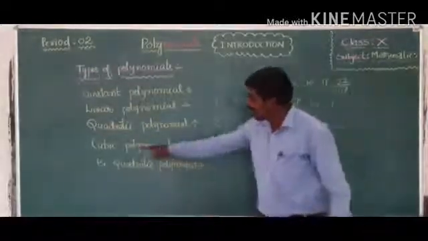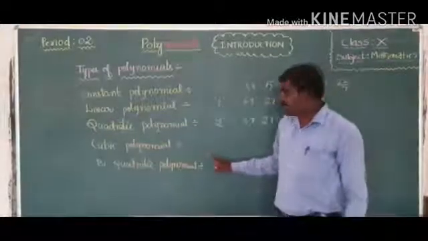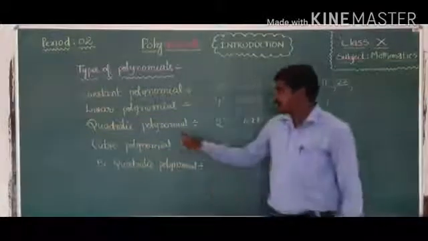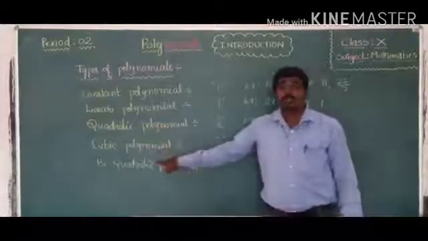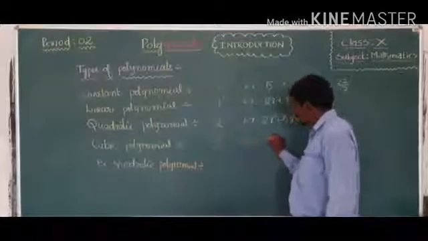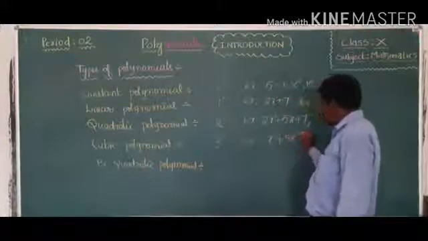And the next one is the cubic polynomial. A polynomial of degree 3 is called a cubic polynomial. Now an example: x cube plus 5x square plus 8.